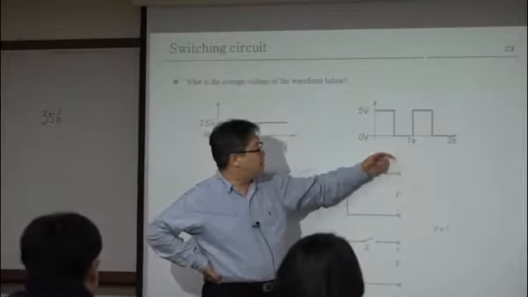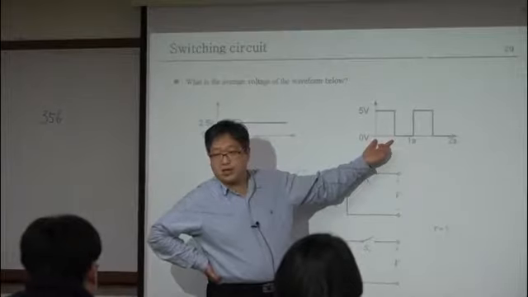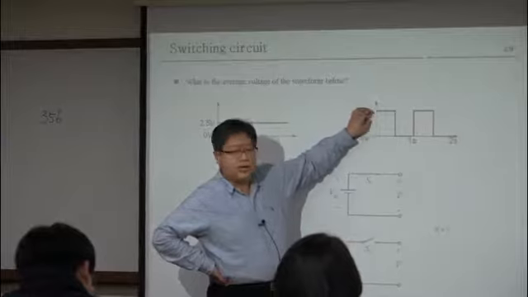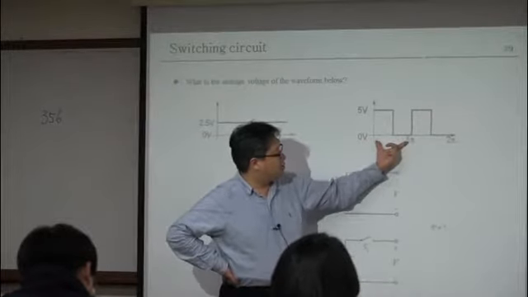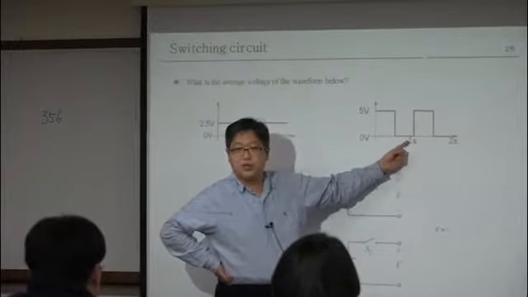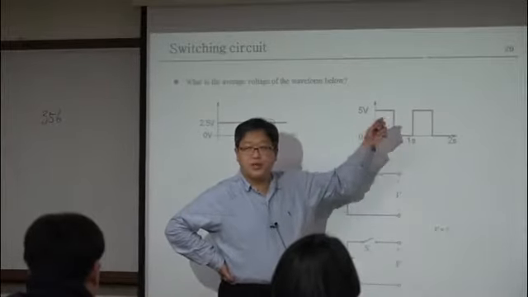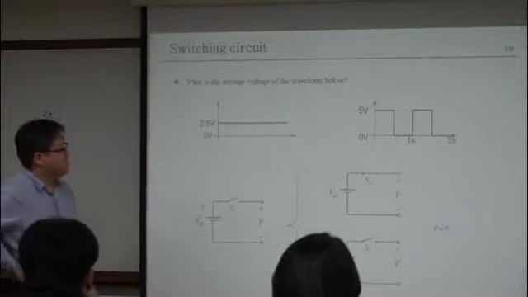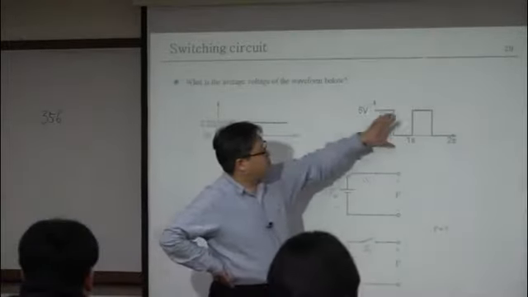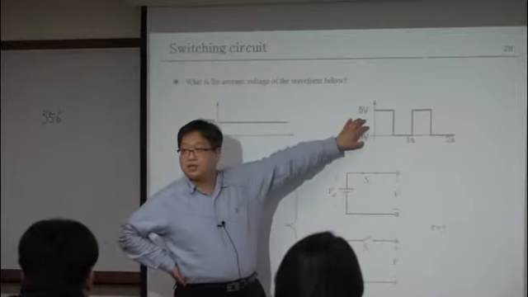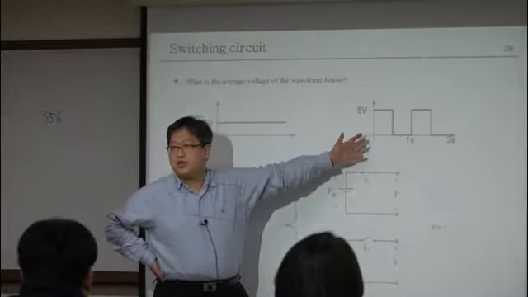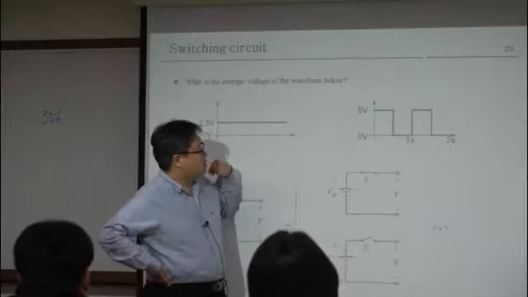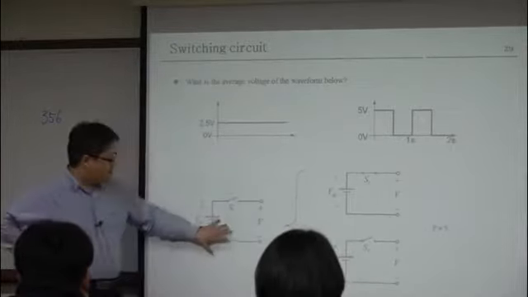Simply assume that for half a cycle, you turn on the voltage, so the voltage is 5 volt, and for the rest of the period, you have 0 volt. Then for 1 second, what is the average value? 2.5 volt, right? So this voltage and that voltage have the same average value, but the instantaneous value is different, right? So the switching circuit is mainly implemented like this.